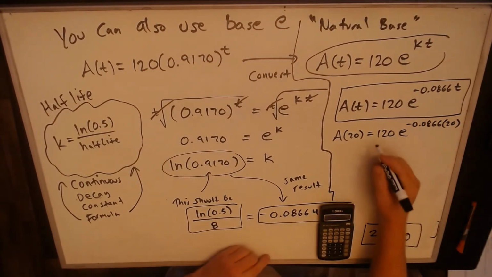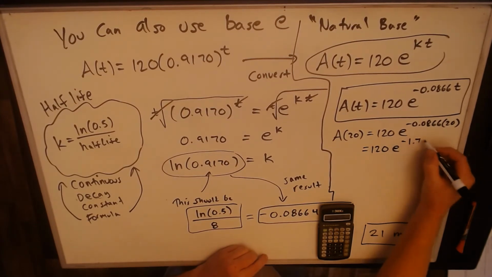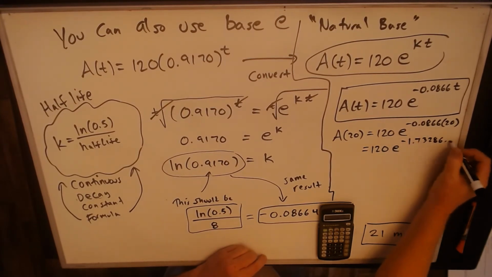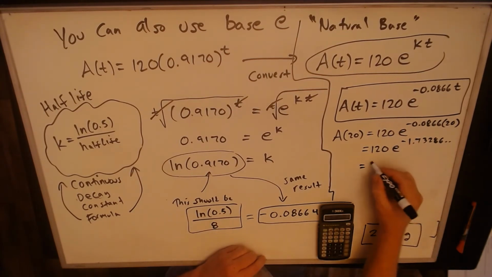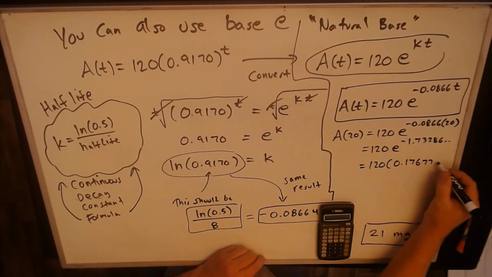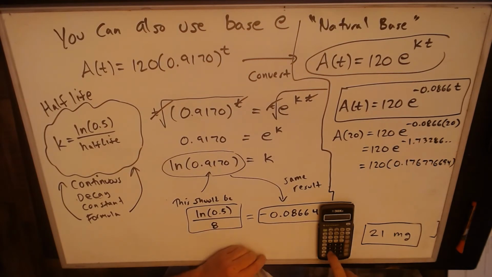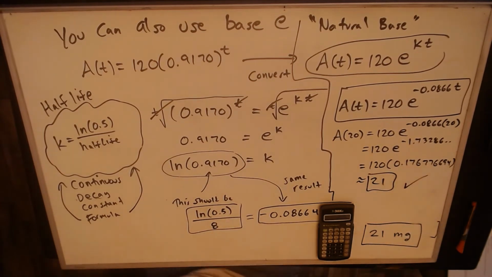So when you multiply by 20, you're going to get negative 1.73286, etc. Then you're going to do your exponential, 0.176776694, and then you're going to multiply by your 120 original sample, and you're still going to get 21 milligrams. Check. So it checks out.